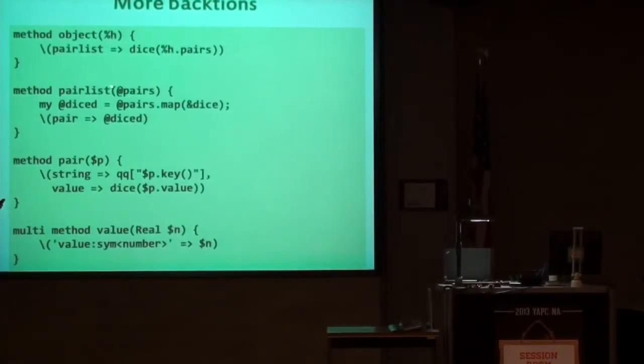Pair list gets the pairs, and it maps them and dices every one of them, and then puts that array of pair. Pair is quantified, so it calls pair for each individual one of them, which then says, well, we'll have the string being this, and the value we'll need to dice. Okay, and then the value, it's actually smart enough to sort of go and call that, and just like we use protos, we can actually use multiple dispatch on this side. On the data structure, which works out kind of nicely. So this is the way we say, oh, this is a number.